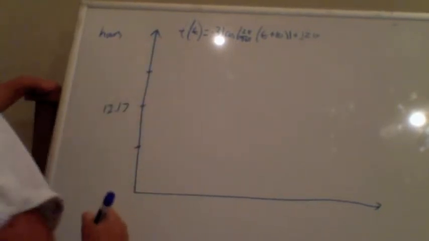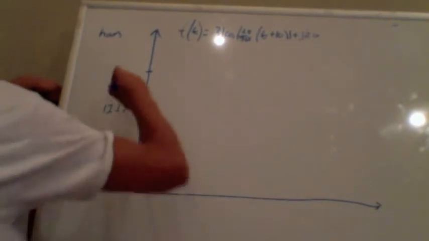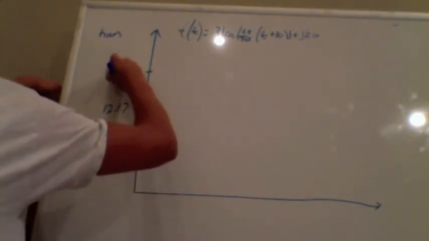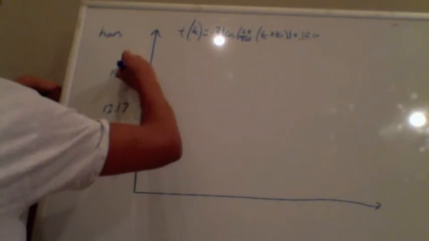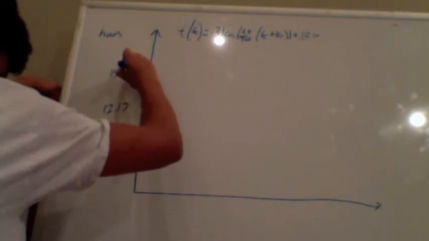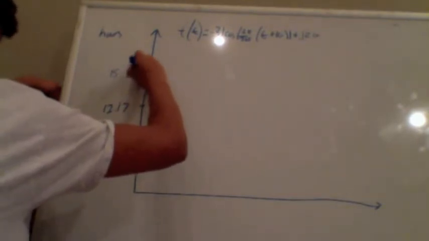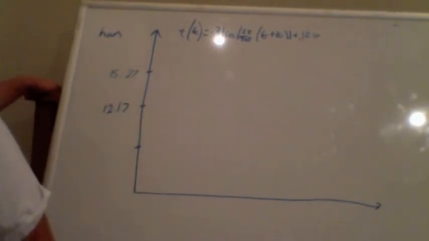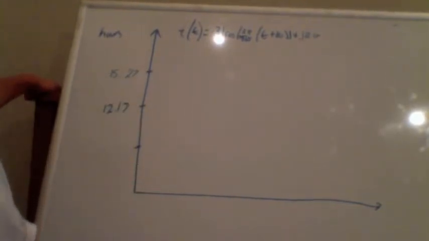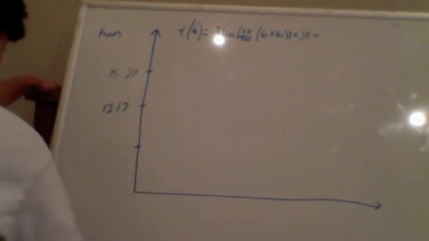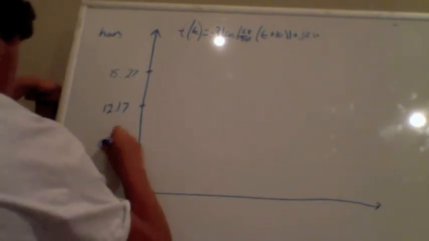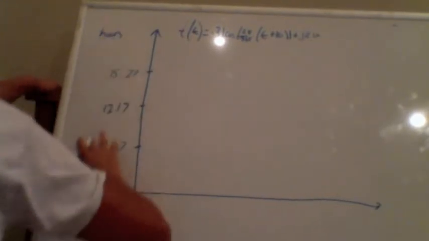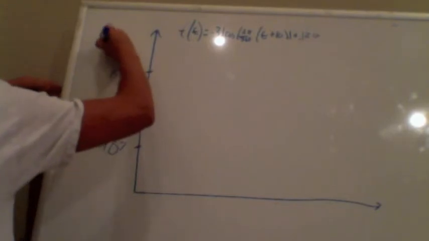And those values are 15.27, and then our other one is 9.07. And these are all hours per day.